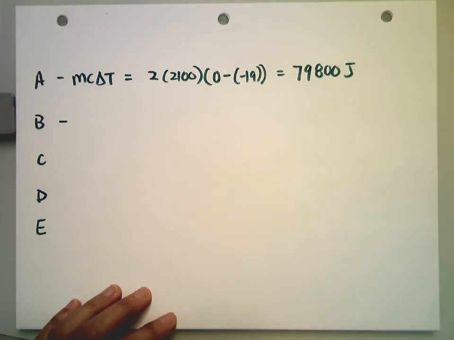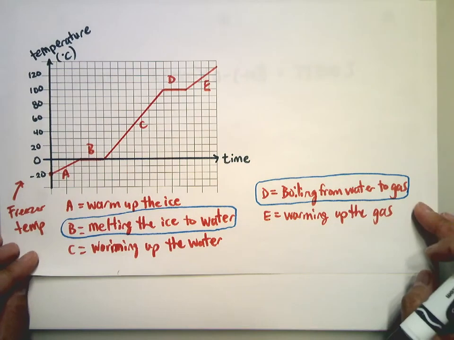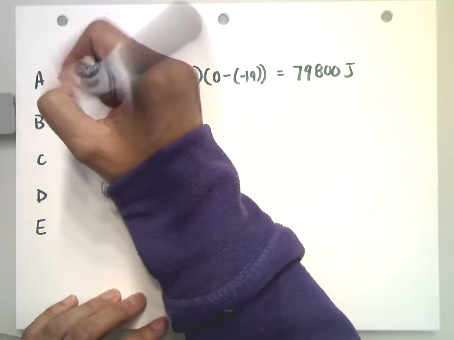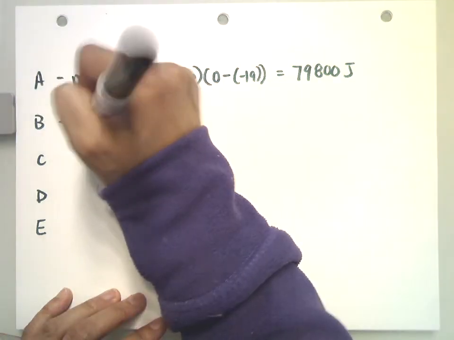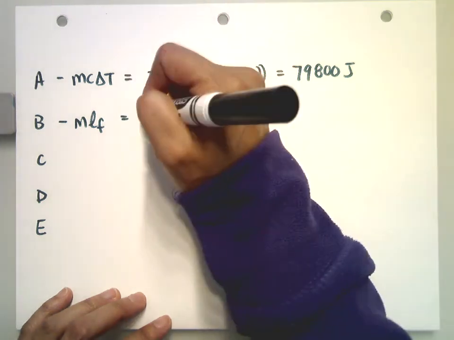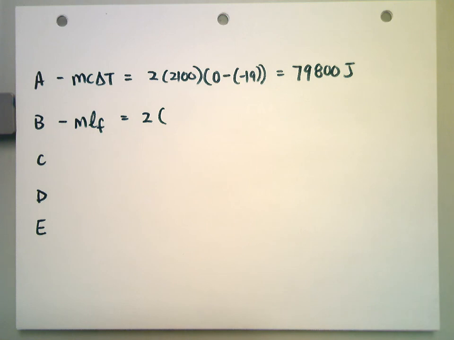Okay. Next, stage B. Remember, stage B is latent heat, right? It's a phase change, which are highlighted or circled in the blue. So you have to use a latent heat formula. All right, so the latent heat formula, I'm going to have MLF. It's a fusion because we are melting. 2 kilograms of ice, and let's look up the latent heat of fusion.